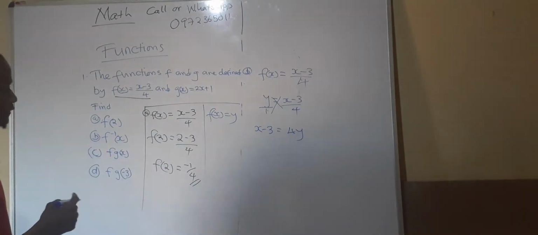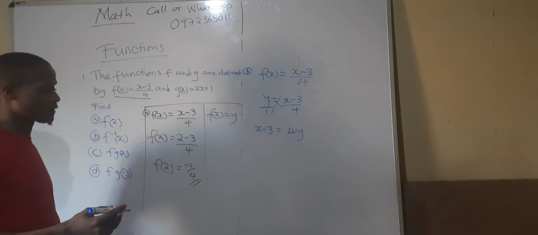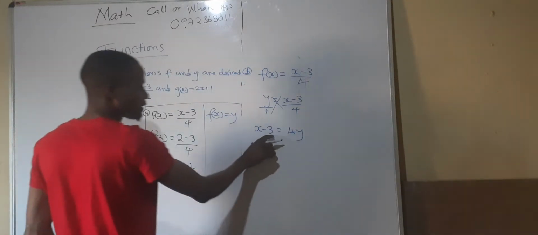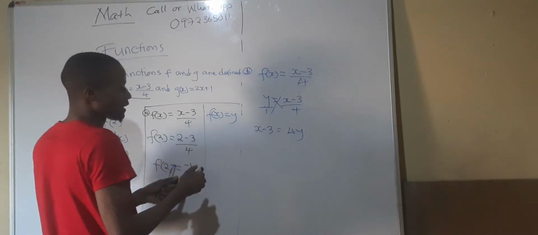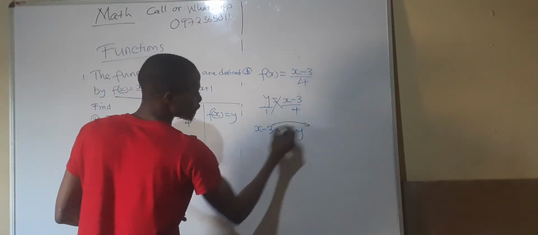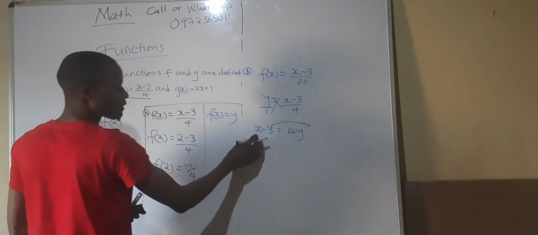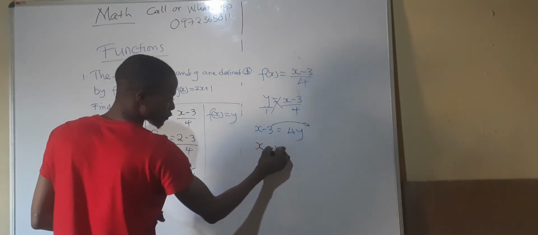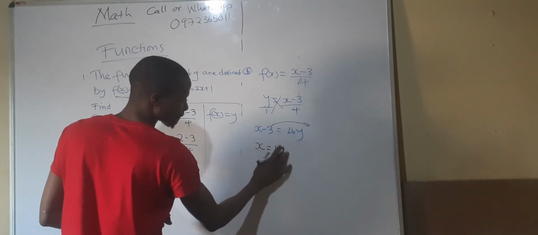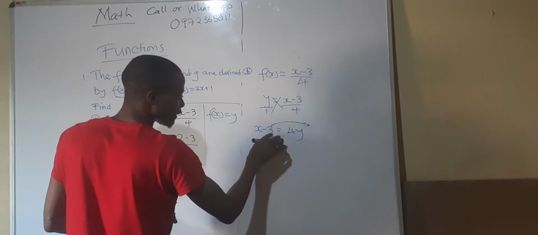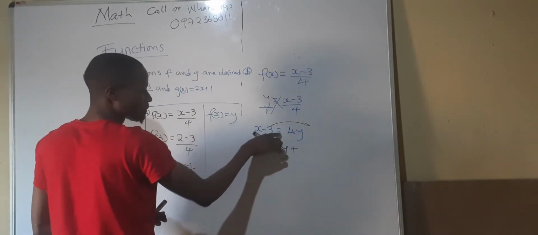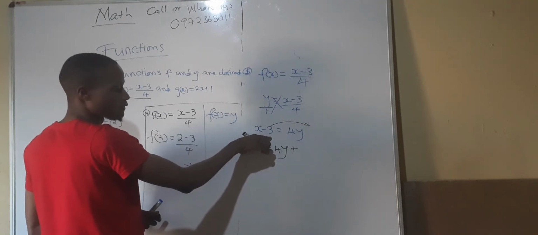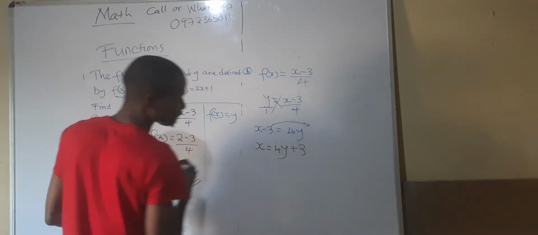We still want to make x the subject, so we don't need this 3. The 3 will have to be pushed to the other side of the equation. You will remain with x is equal to 4y, then 3 goes there and becomes positive. It becomes the additive inverse of negative 3, which is positive 3.